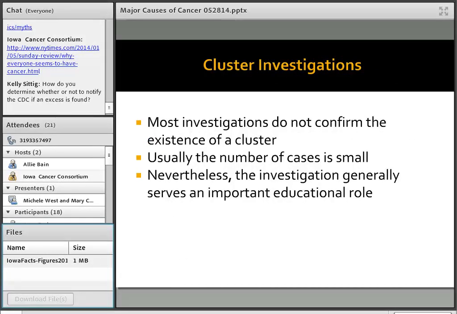Okay. Most investigations do not confirm the existence of a cluster, primarily because the number of cases is relatively small, but nevertheless, the investigation generally serves an important educational role. Dr. Lynch and I have found that most people are happy that we do it. One investigation usually does it.